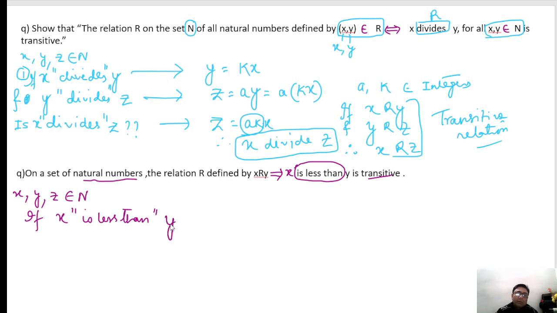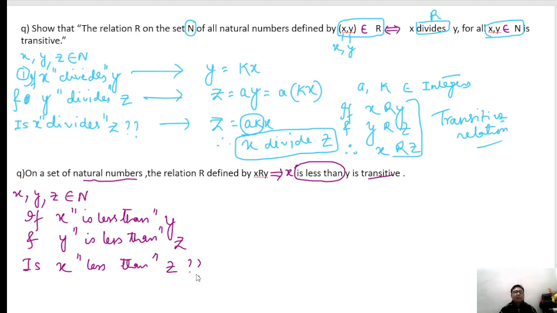y, if x is less than y and y is less than z, x is less than y is less than z, then is x less than z?